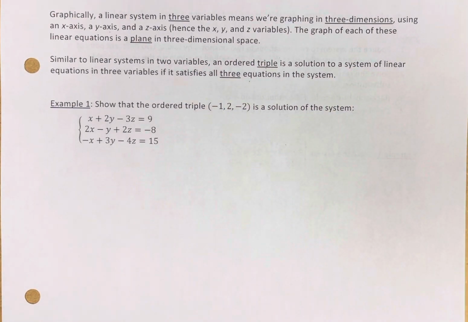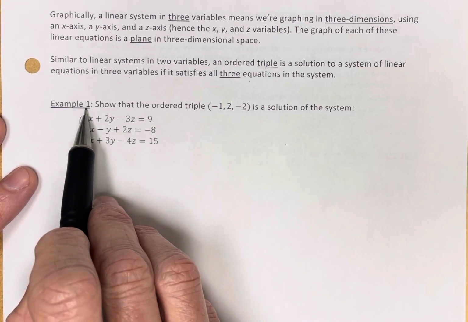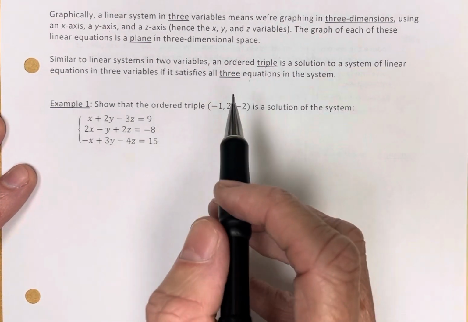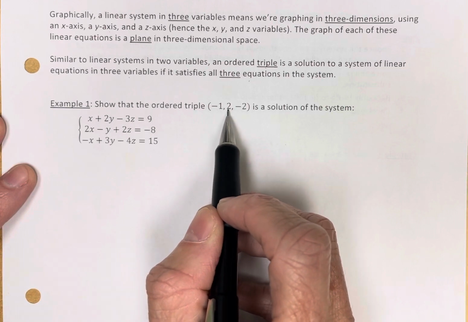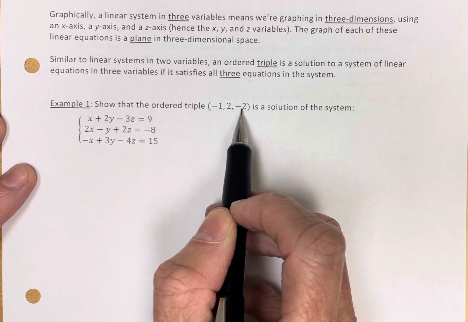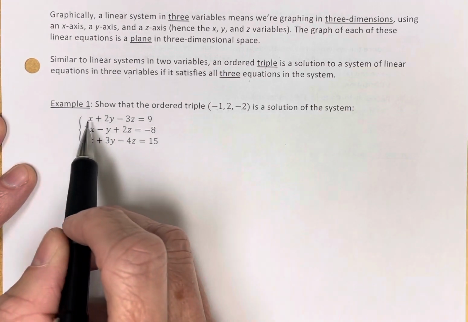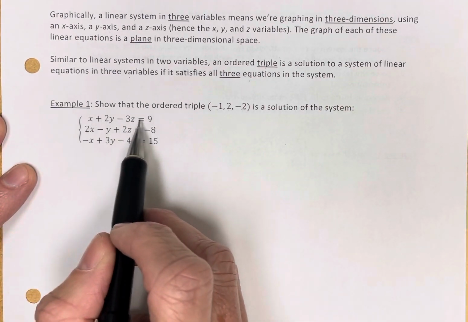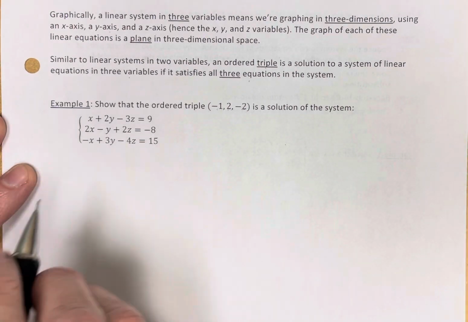Let's take a look at an example, not particularly complicated. Example 1: show that the ordered triple (-1, 2, -2), so this is your x, this is your y, and this is your z, is the solution of this system. Three equations and three unknowns.